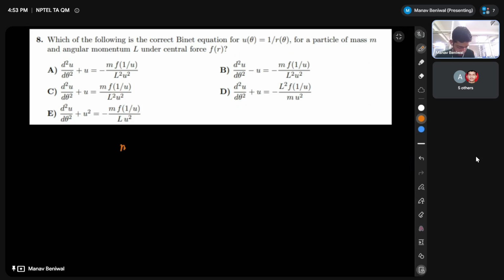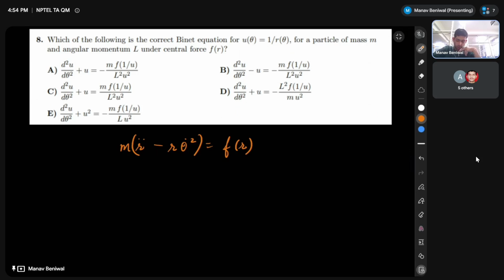The equation was that this radial component of Newton's law, m r double dot minus r theta dot squared, has to be equal to my radial force f of r, right? This is the equation. So this is a differential equation in time, right? We are differentiating with respect to time.